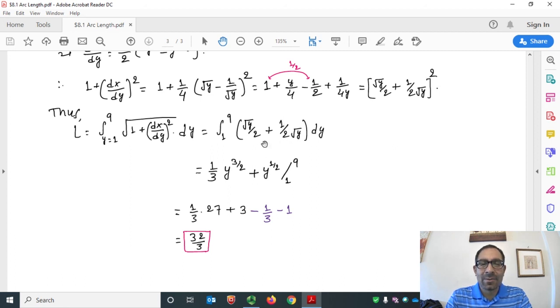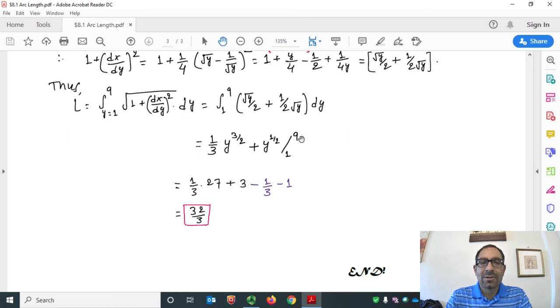Same idea. First bring radical y to the numerator, so this becomes y to the power negative 1/2. Then the integration of y power negative 1/2 becomes y power negative 1/2 plus 1, meaning plus a half. Divide by 1/2 means multiply by 2. Then 2 and 2 cancel, so simply y power 1/2 is left. I hope this makes sense to you all.